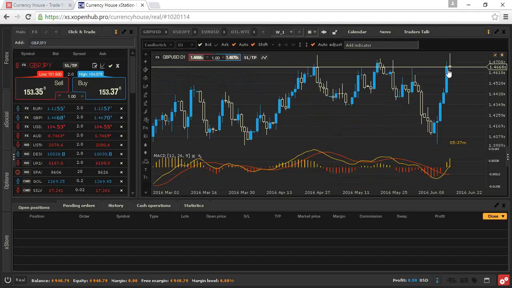Because I have to remember that I'm trading pound dollar. We have Brexit this week. However, if I look at the other factors, technical and fundamental, to me, it looks like we are starting to approach the highs for British pound US dollar for 2016. And to me, this looks slightly overextended.